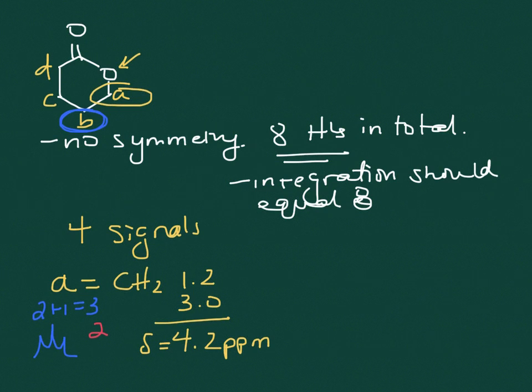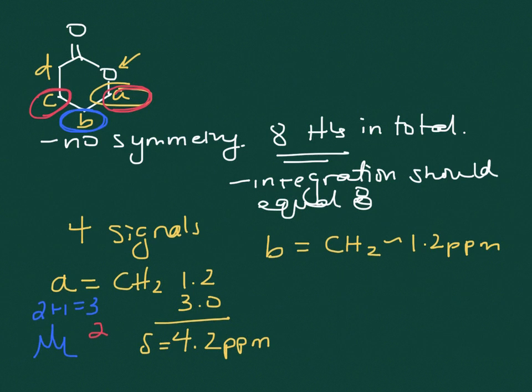Now let's look at HB. HB is a CH2, so the chemical shift will be around 1.2 ppm. Maybe it will be a little bit further downfield because of its proximity to the oxygen there. Now, HB has 2 hydrogens here from HA and 2 hydrogens here from HC.